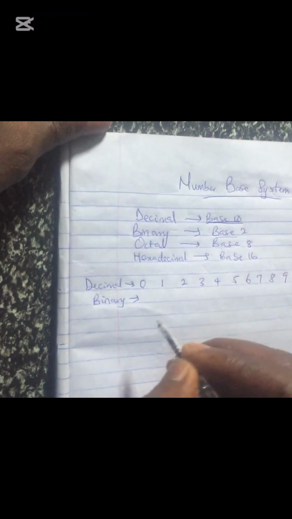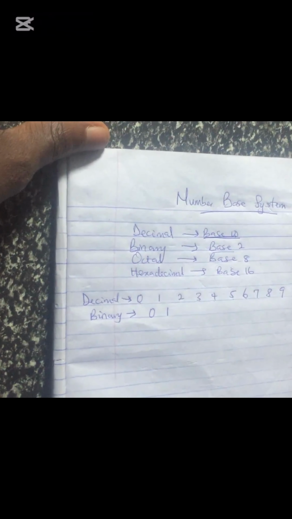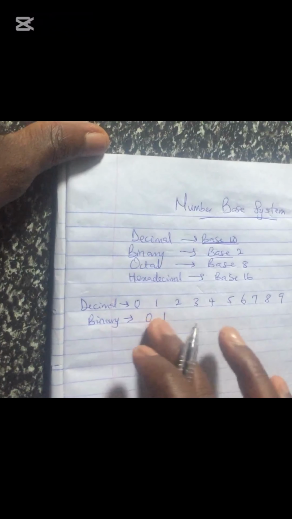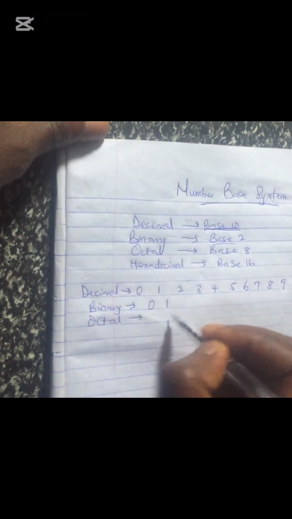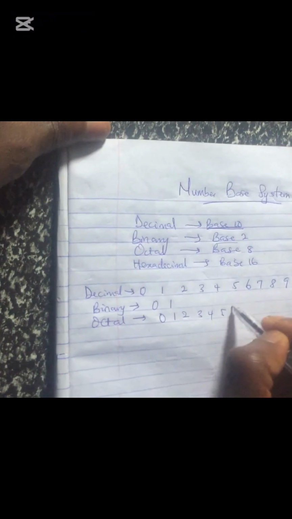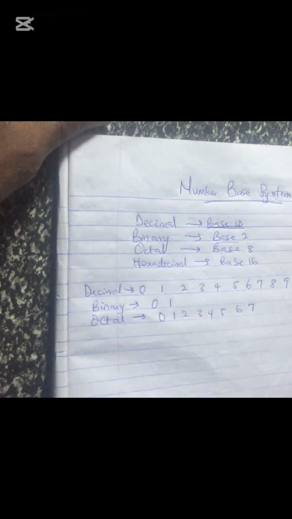In binary, which is base 2, you can't have more than 2 digits, which is 0 and 1. So every number in the binary system will be a mixture of these 2 digits. The same thing with octal: you can't have more than 8 digits, which is 0, 1, 2, 3, 4, 5, 6, 7. That's it.